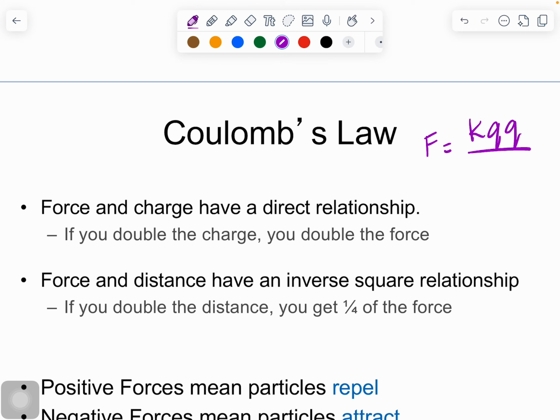So whenever your two variables are set equal to each other, they have to be on opposite sides of the equal sign. If they are both located in the numerator, so force and charge are both located in the numerator, that is going to make them directly related. So if I increase the electric charge, I'm going to get a stronger force. That sounds like common sense when I say it, right? But this is how we can use the formula to help us know that.